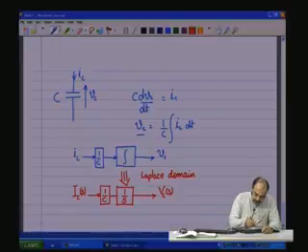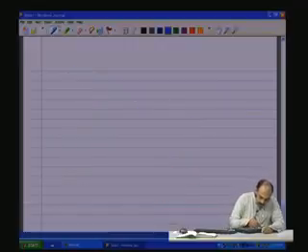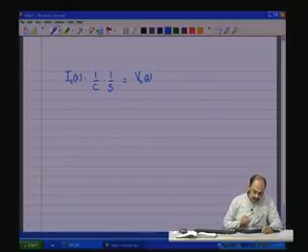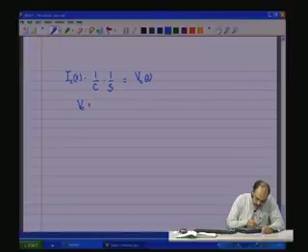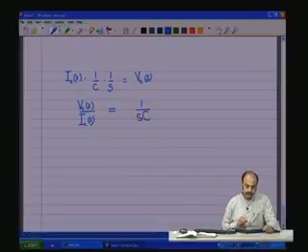Now, let us see that from this we have Ic as a function of S times 1/C times 1/S equals Vc, which is a function of S, or Vc(S) by Ic(S) is given by 1/SC.